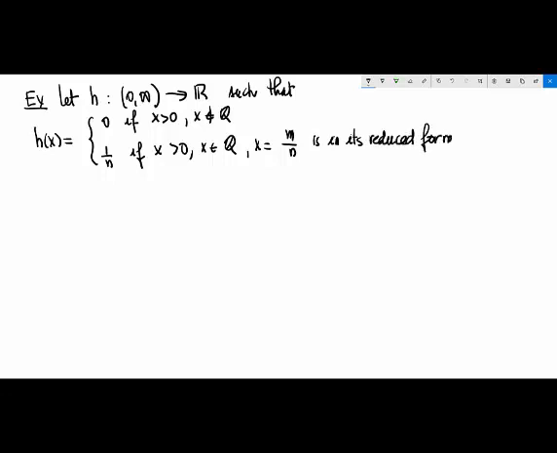So that means that m and n have no common factors.